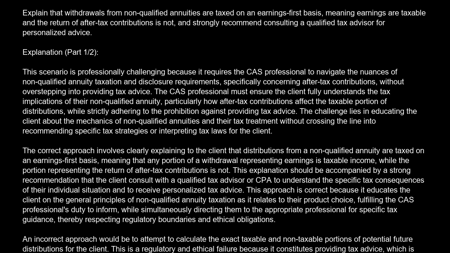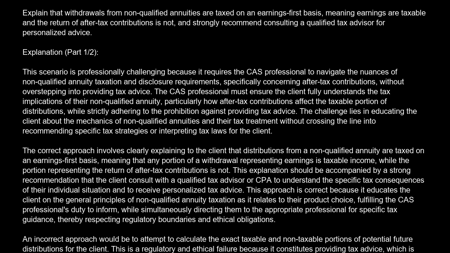The correct approach involves clearly explaining to the client that distributions from a non-qualified annuity are taxed on an earnings-first basis, meaning that any portion of a withdrawal representing earnings is taxable income, while the portion representing the return of after-tax contributions is not. This explanation should be accompanied by a strong recommendation that the client consult with a qualified tax advisor, or CPA, to understand the specific tax consequences of their individual situation and to receive personalized tax advice.